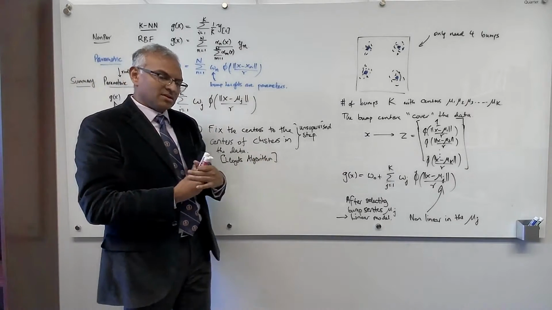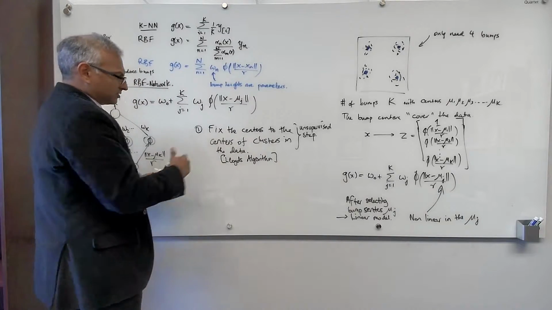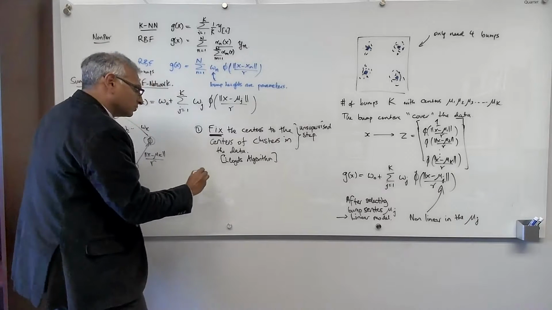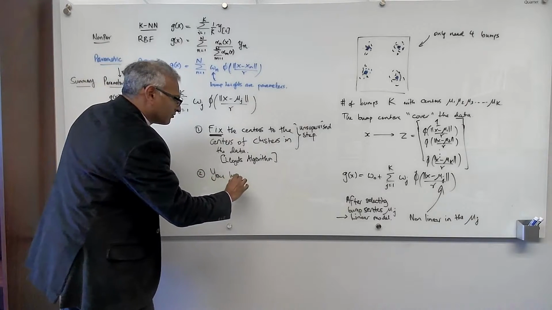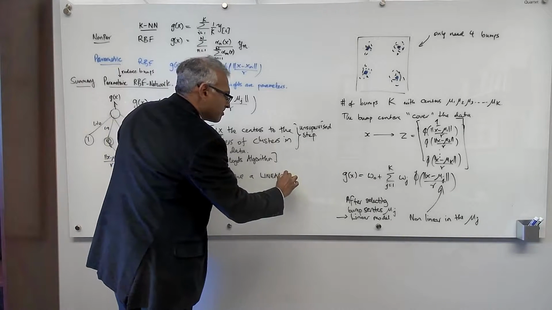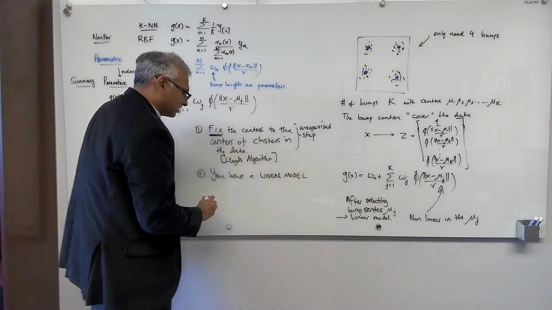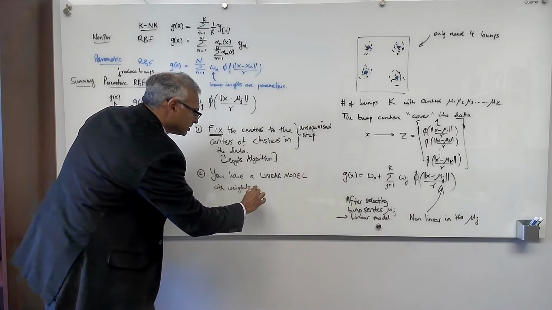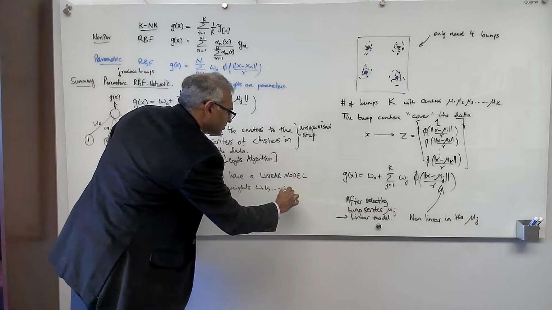Once you have fixed the centers, you then have a linear model with weights W0, W1 up to Wk.